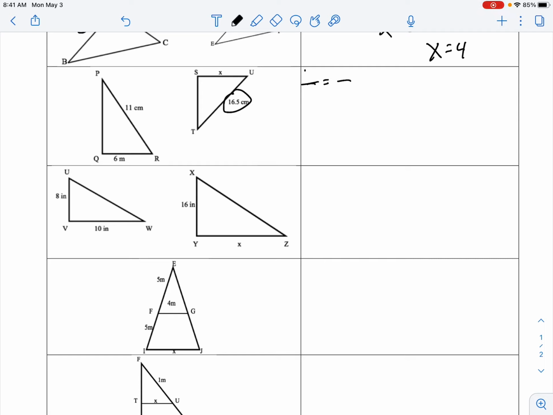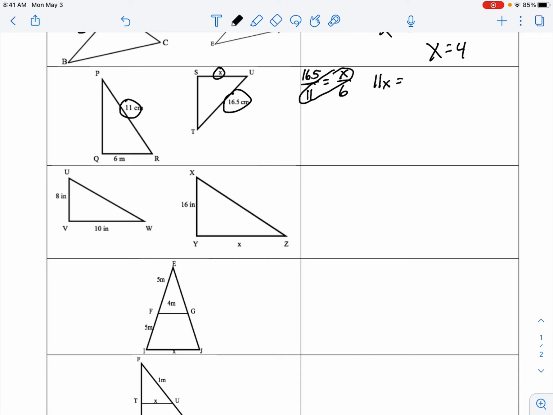So we are going 16.5 over 11, that's going to be the same one here if it's been flipped upside down, is equal to x over 6. And then once again, we are just doing our butterfly method.